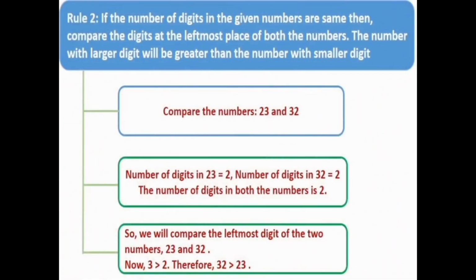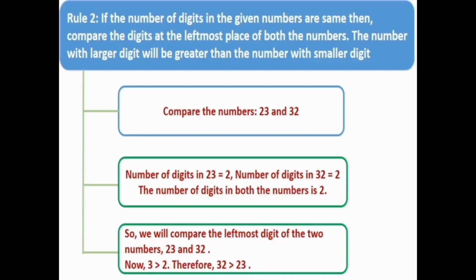Next is rule 2, which says that if the number of digits in the given numbers is the same, then compare the digits at the leftmost place of both numbers. The number with the larger digit will be greater than the number with the smaller digit. Here one example is shown: compare the numbers 23 and 32.